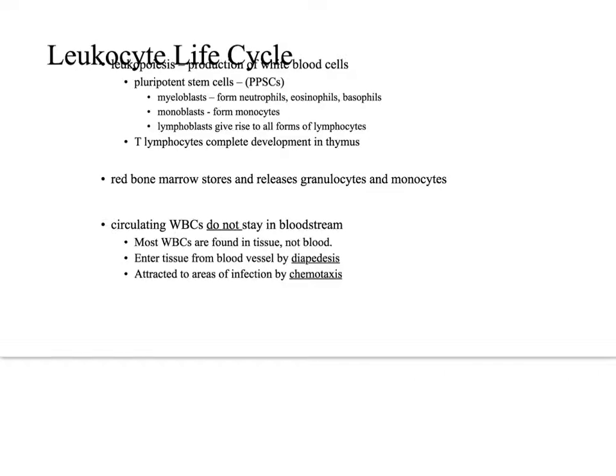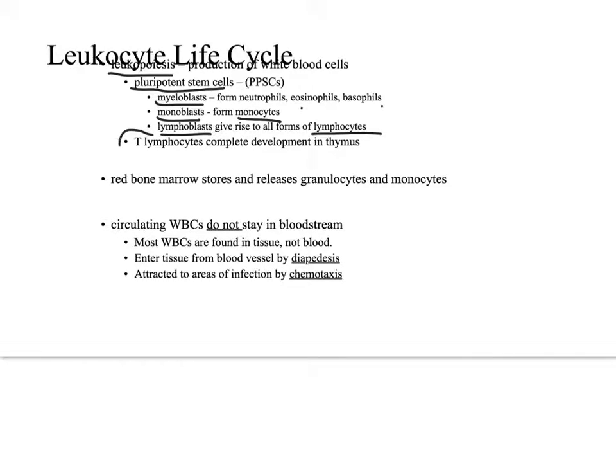Now, leukocyte life cycle. The production of white blood cells is called leukopoiesis. They arise from the pluripotent stem cells. There's three different things. Lymphoblasts give rise to lymphocytes, monoblasts give rise to monocytes, and myeloblasts form the other three.